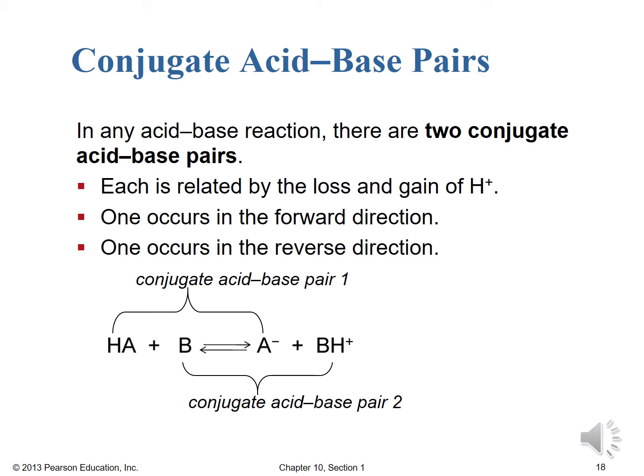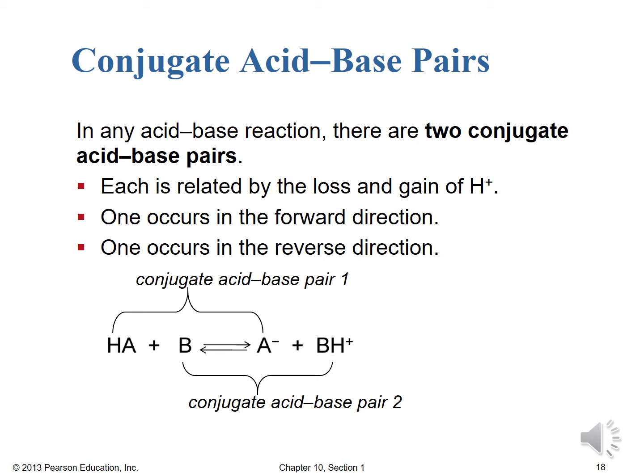So in any acid-base reaction that we look at in the Bronsted-Lowry sense, we have two conjugate acid-base pairs. Each side is related by the loss and gain of that proton, right? So we're still dealing with the definition of an acid as a proton donor and a base as a proton acceptor, but one will occur in the forward direction and the other in the reverse direction.